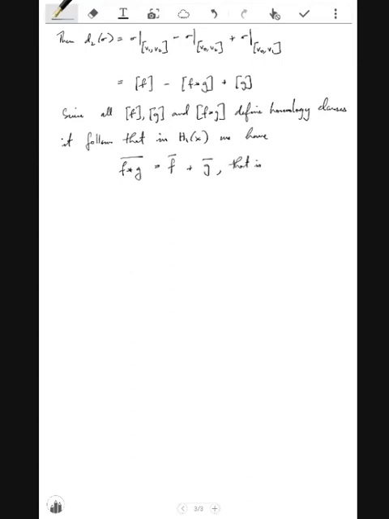That is, phi is a group homomorphism. So thus phi factors uniquely through the abelianization, since H1(X) is abelian.